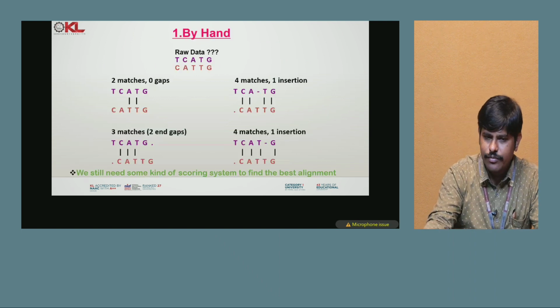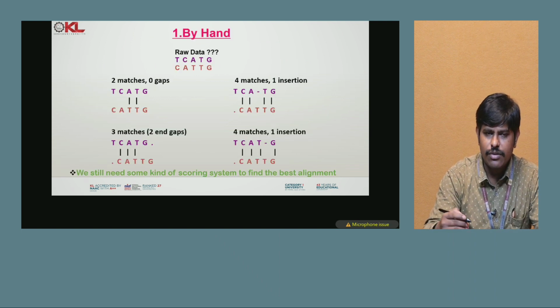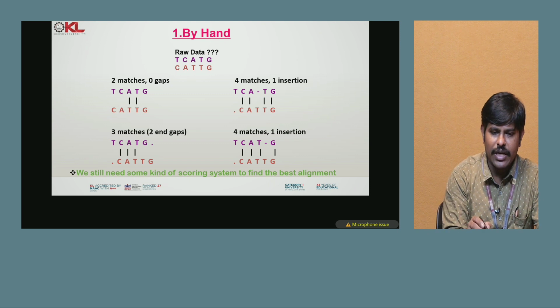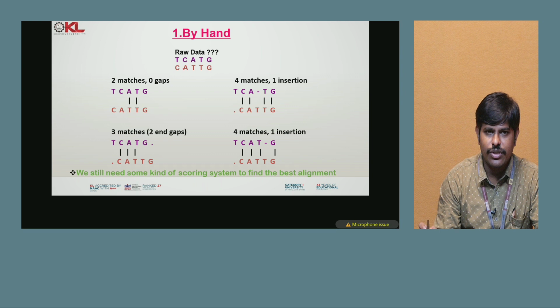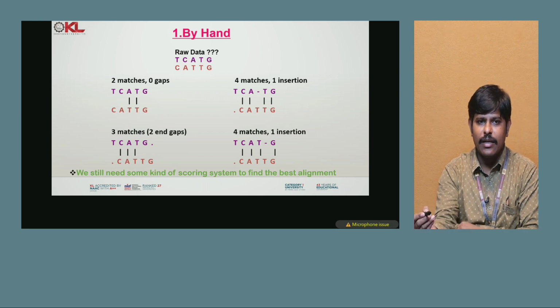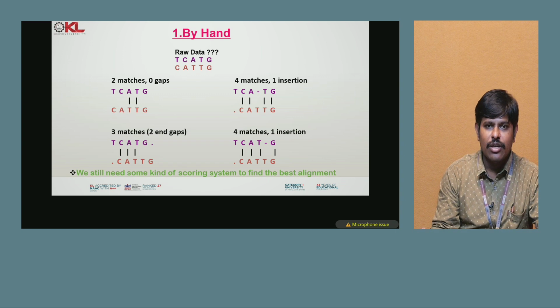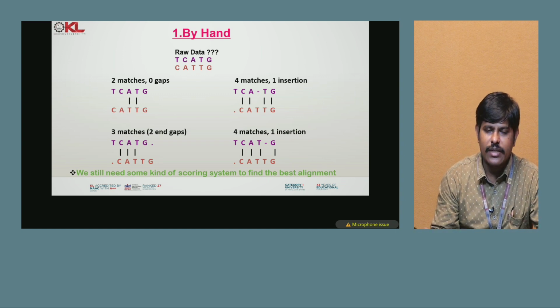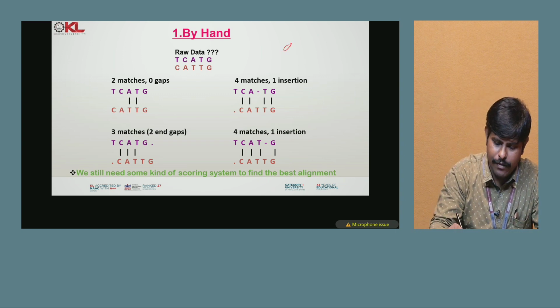So by the hand method, we take two sequences. Let us assume that I have two sequences, TCATG and CATTG. These two sequences can be aligned in four different ways when you are using something called a gap.